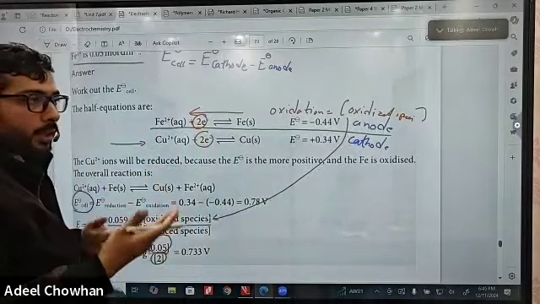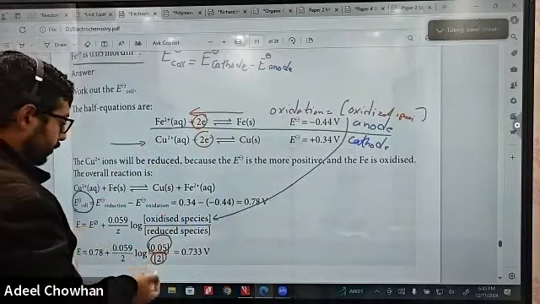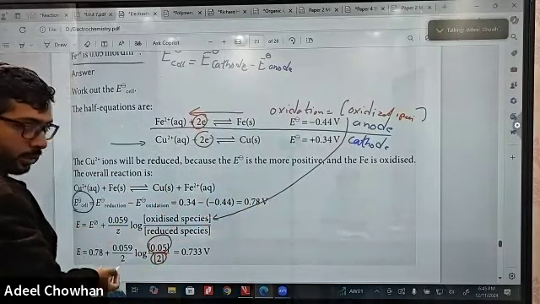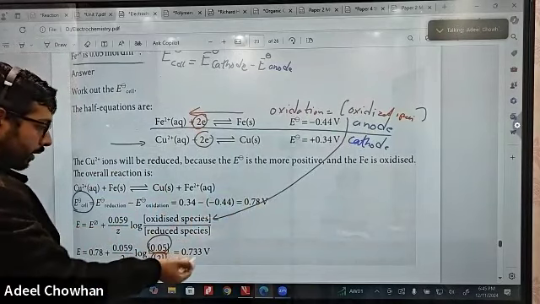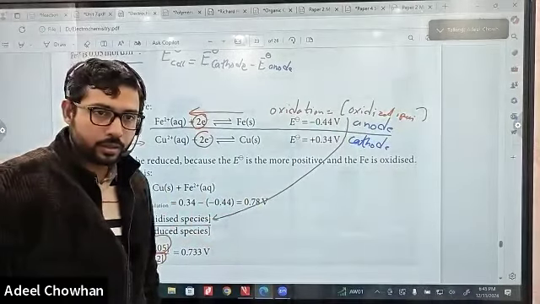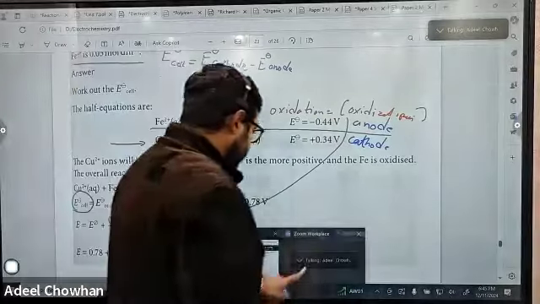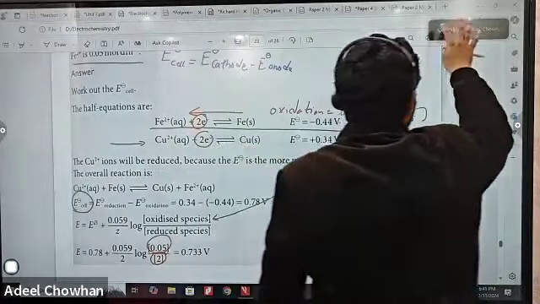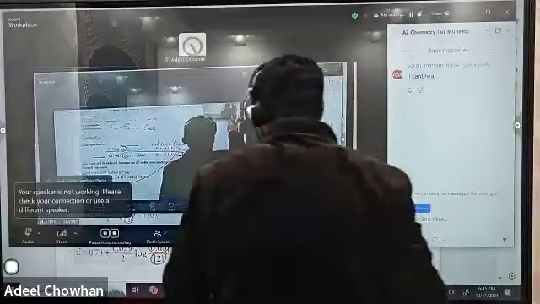Definitely, we have to make electrons lost and gained equal. So that's why 2 is used here as the value of Z. So that's the answer, 0.733 volt. Is it clear? All right. So that's all for today. We'll continue from here onwards in our next class.